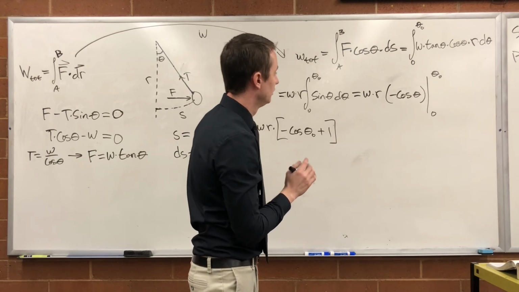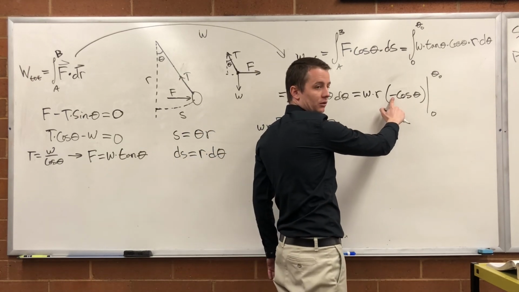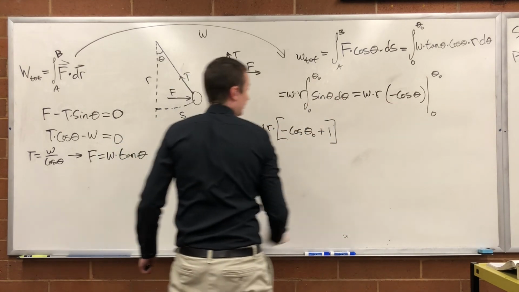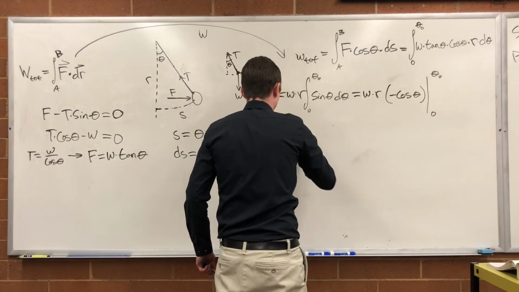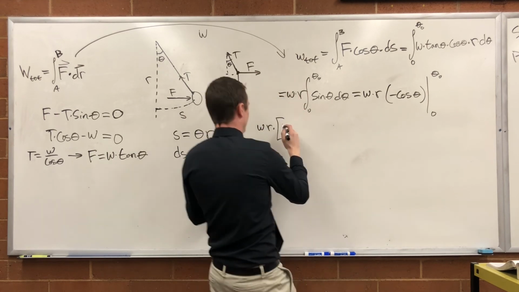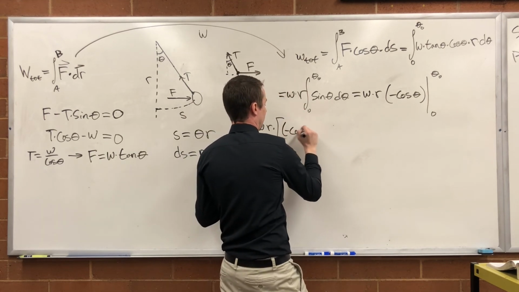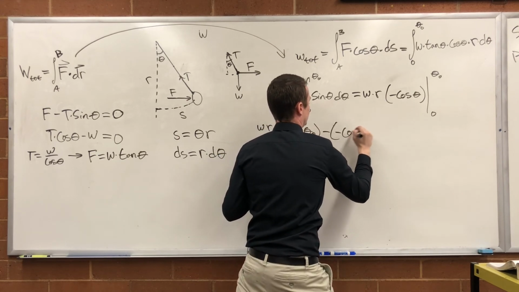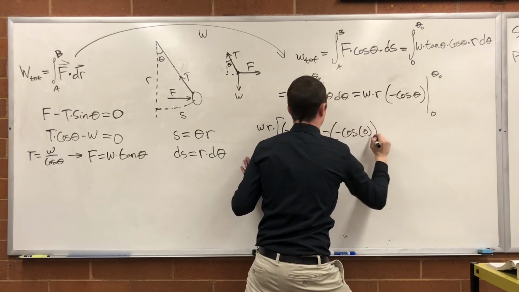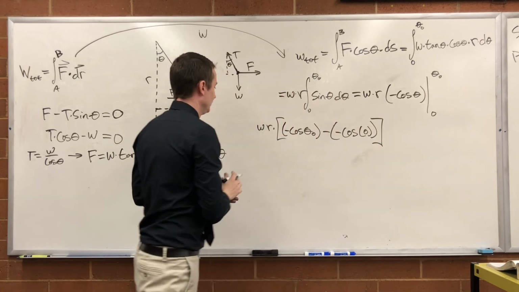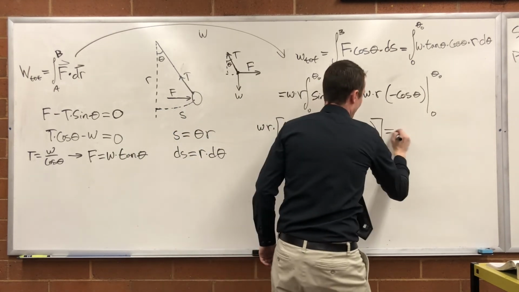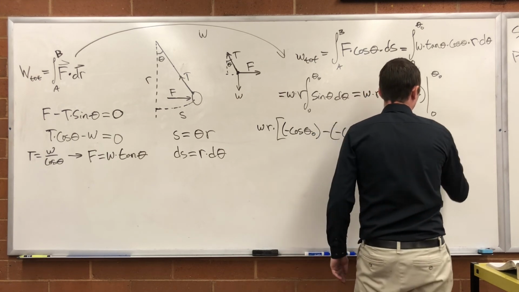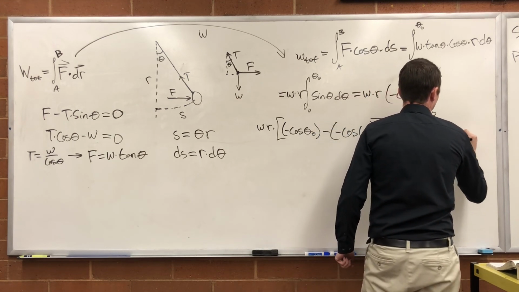There's not two negatives there, there's a negative here. Let's write this very explicitly. It's going to be negative cosine of theta naught minus negative cosine of 0. So now this is omega times r times 1 minus cosine theta.